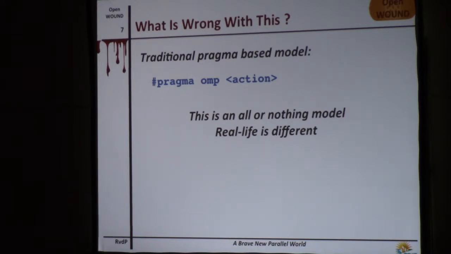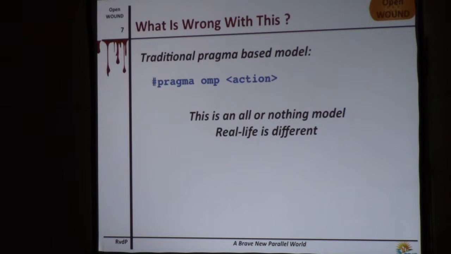So what's wrong with this kind of syntax? That's the traditional pragma-based model, for example, pragma OMP, and you have some action, parallel or barrier, whatever. That's very binary when you think about it. That's parallel or not parallel. In real life, things are different, as we all always struggle with uncertainty.